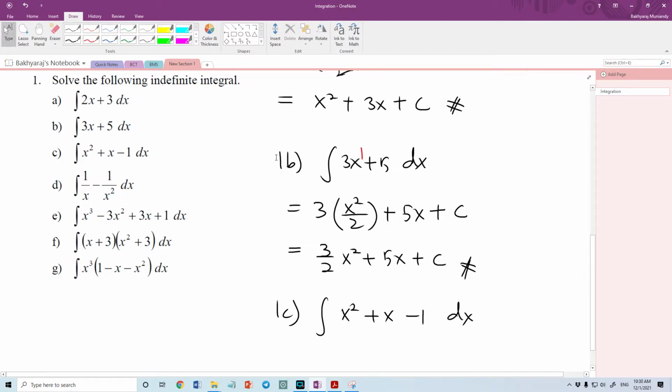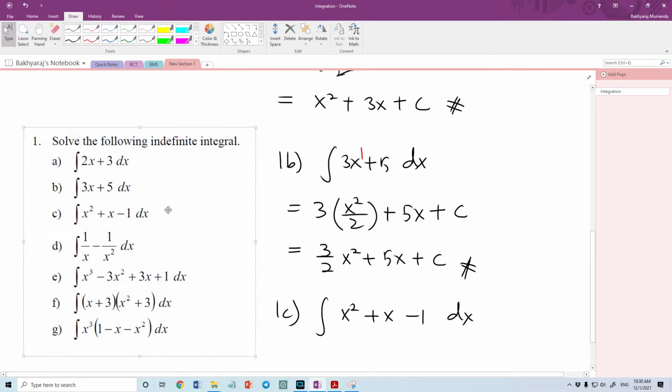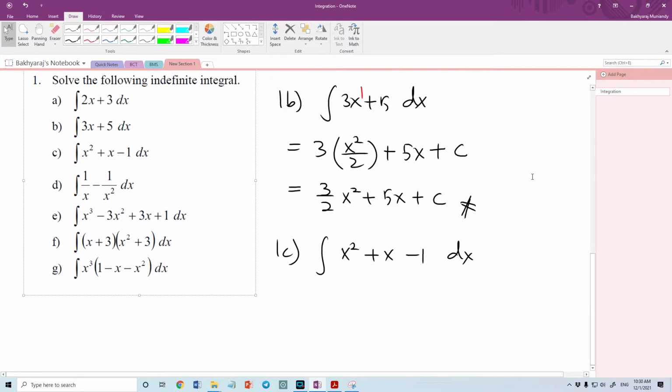So I'm going to integrate this. Again we have to look into the power. So x square, x power of 1, and a constant. The answer will be x power of 2, we need to add 1, so add 1 becomes x power of 3 over 3. Plus, here 1, so plus 1 you get x power of 2 over 2.